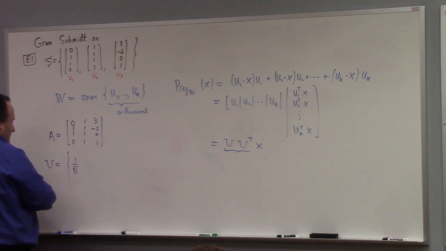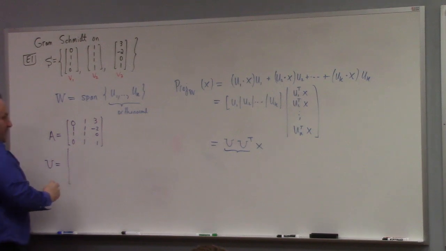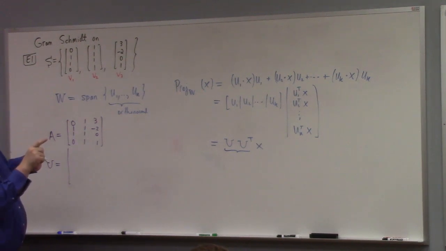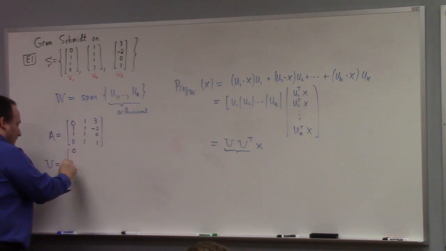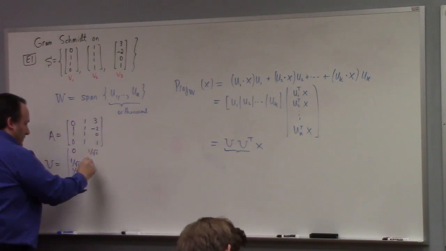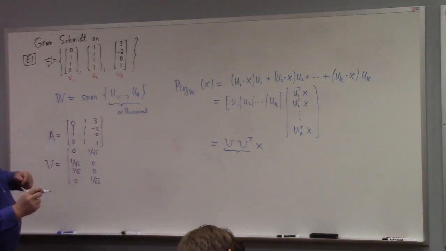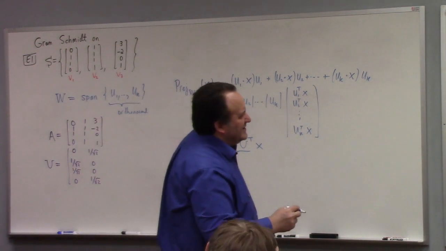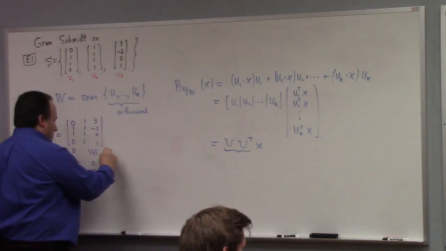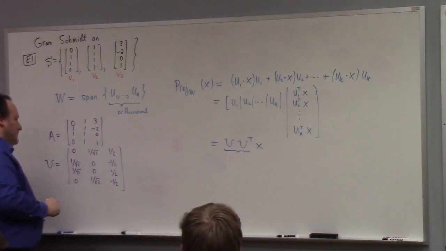Let me write it out. It's ugly, but I gotta do it. So I'll write the matrix for that set. So it's a what by what? It's a 4 by 3. So we've got 0, 1 over root 2, 1 over root 2, 0, 1 over root 2, 0, 0, 1 over root 2. And last but not least here, 1 over 2, 1 over 2, minus 1 over 2, 1 over 2, minus 1 over 2. There you go.